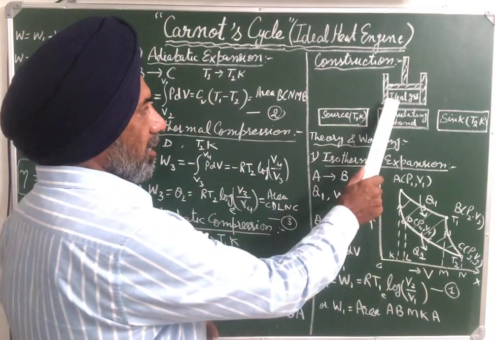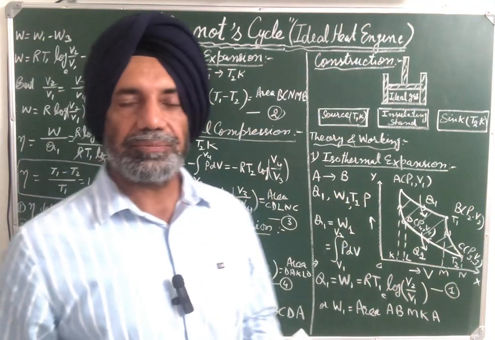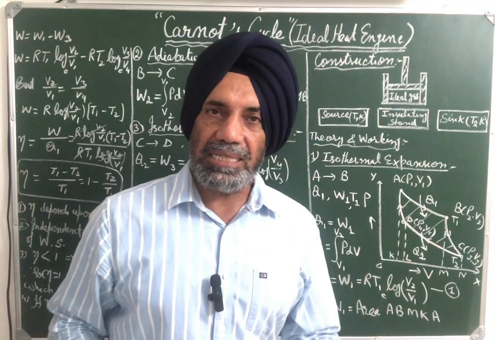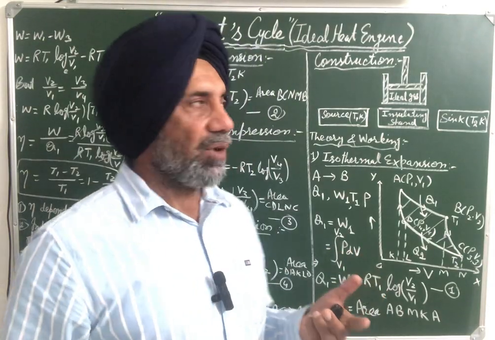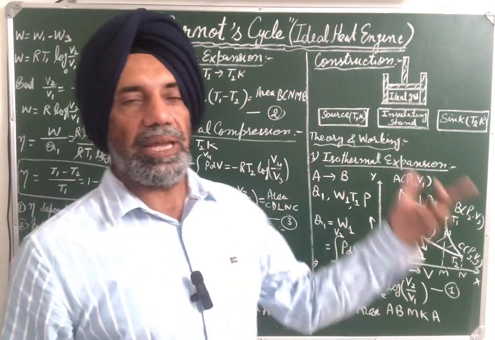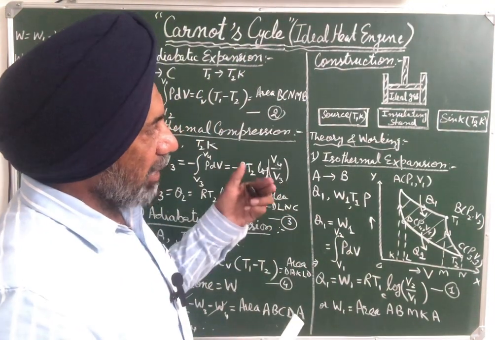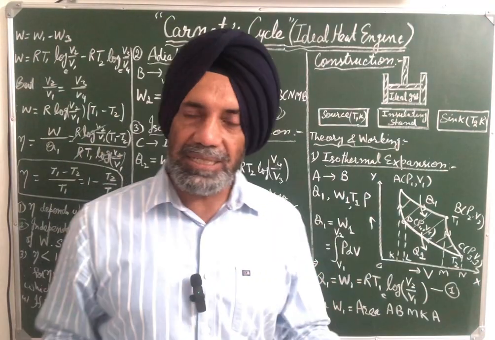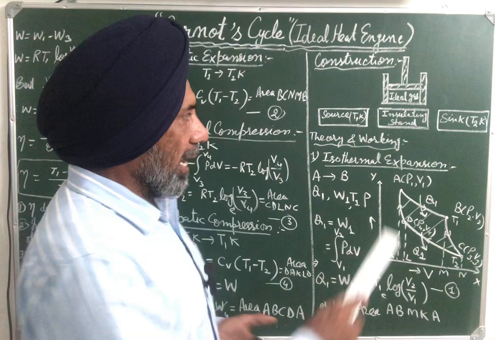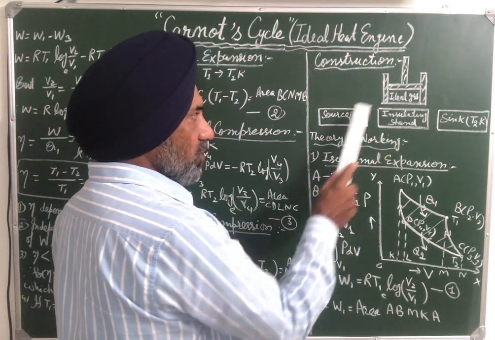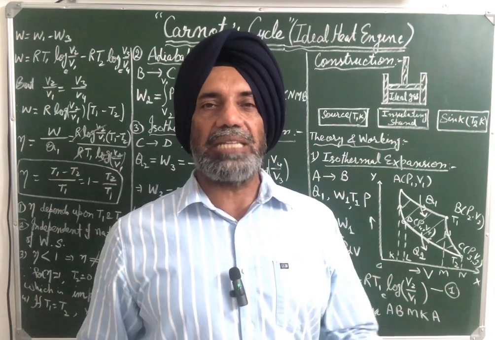First of all, this cylinder is placed on the source held at T1 Kelvin, and the gas is allowed to expand isothermally, slowly, from initial volume V1 to volume V2 say. Then the volume of the gas will increase, temperature of the gas will tend to decrease. But as it is in thermal contact with the source, which is also held at T1 Kelvin, the temperature of the gas remains constant.